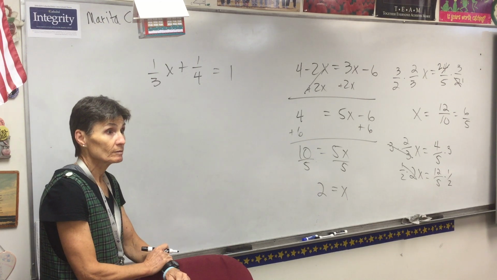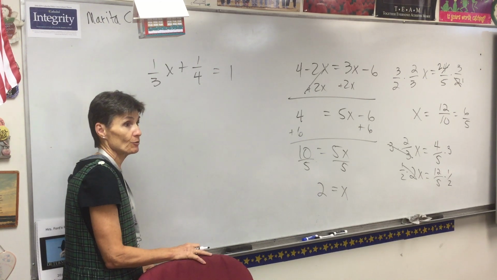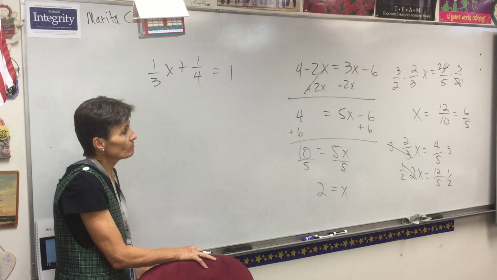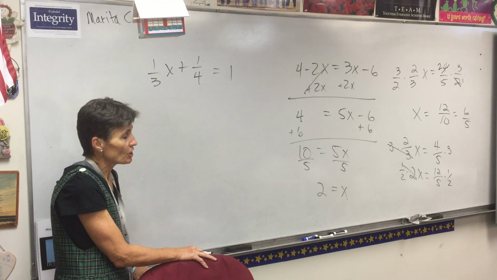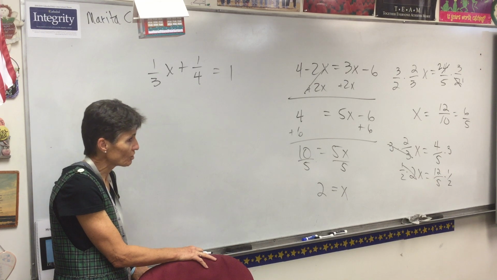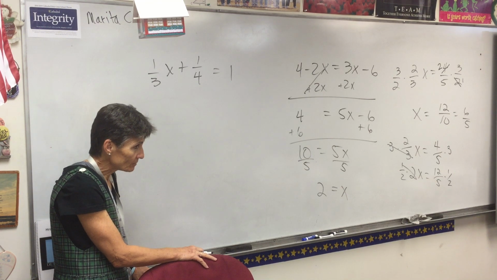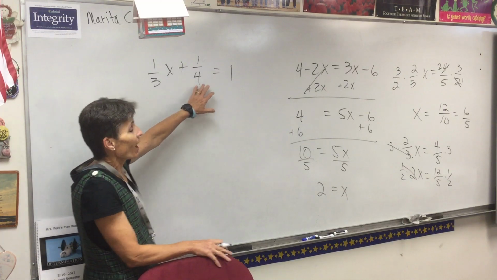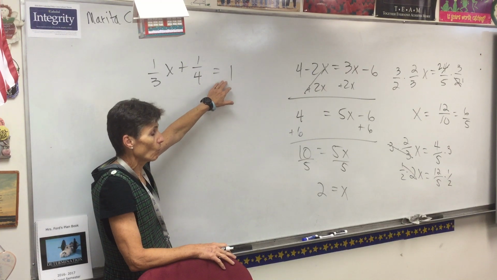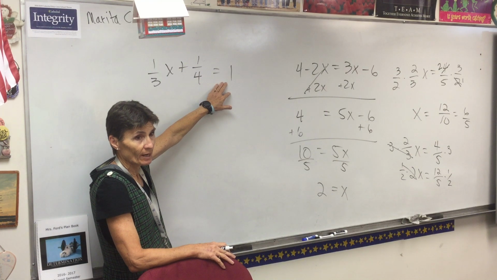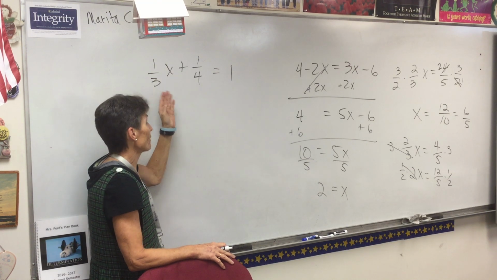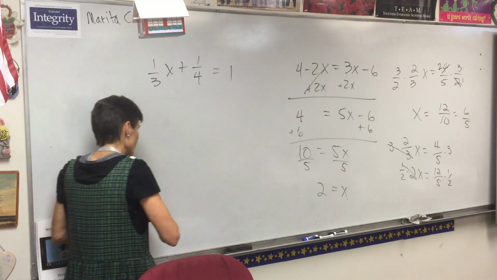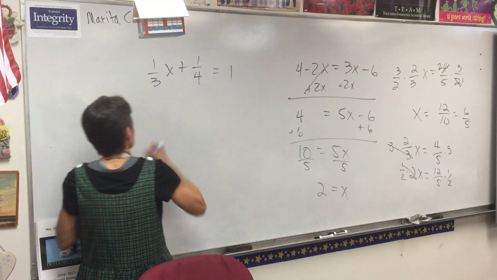Subtract 1/4? We absolutely could do that. You know what though? I'd rather just multiply the whole shebang by 12. Because if I subtract 1/4, I'm going to have to get a common denominator, right? And then I still have a 1/3 to deal with. I think I'm going to multiply everything by 12.